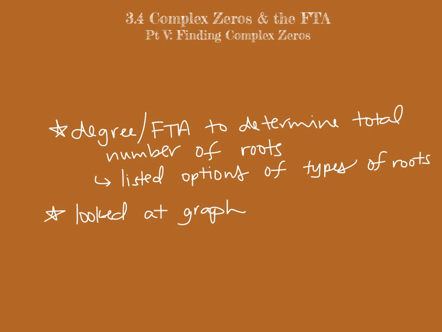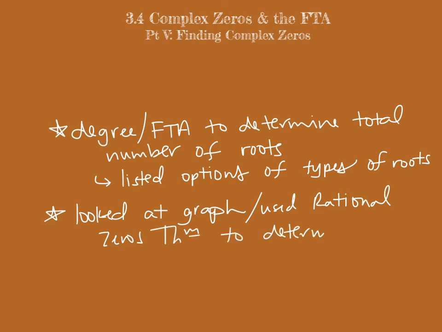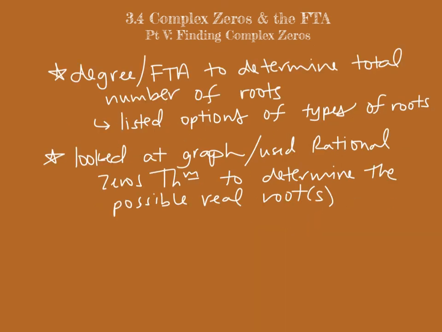So we looked at the graph, and we also used the rational zeros theorem to determine the possible real root or roots. Now from there, once we determine the possible real roots, we use synthetic division to knock our polynomial down to a quadratic.